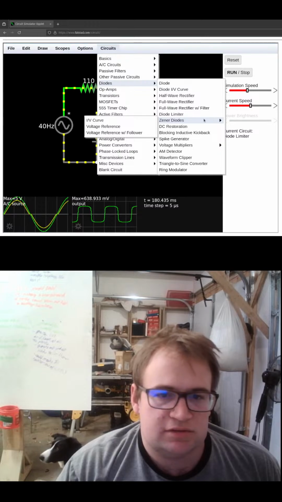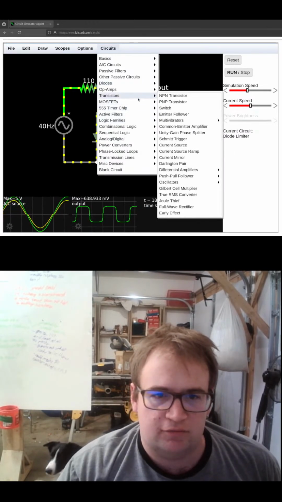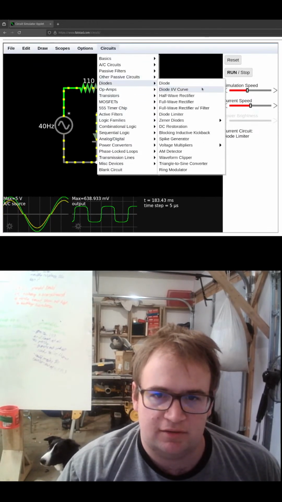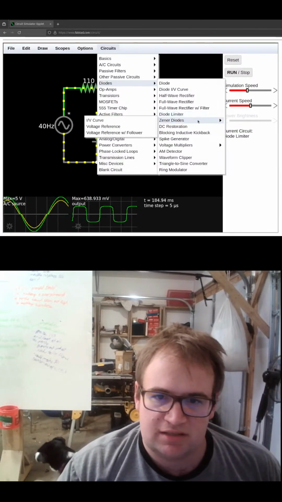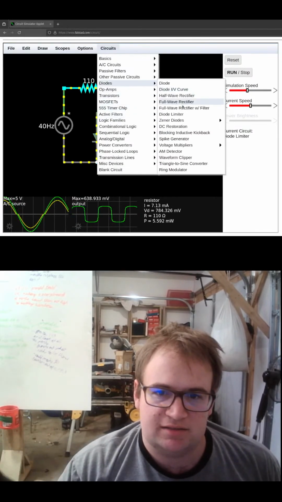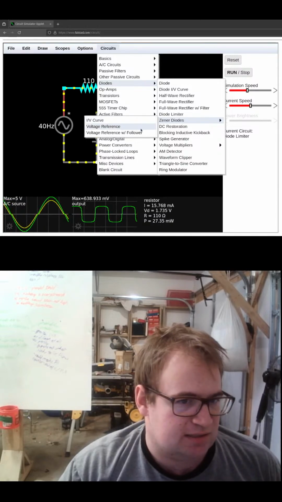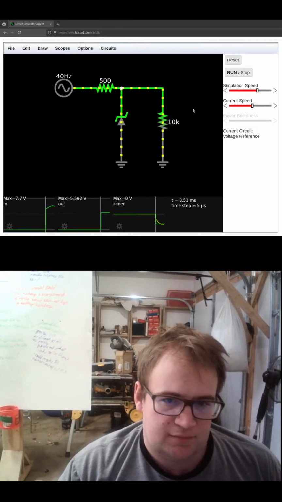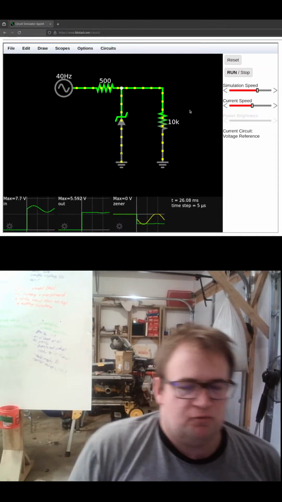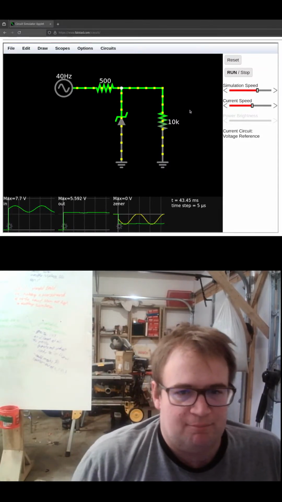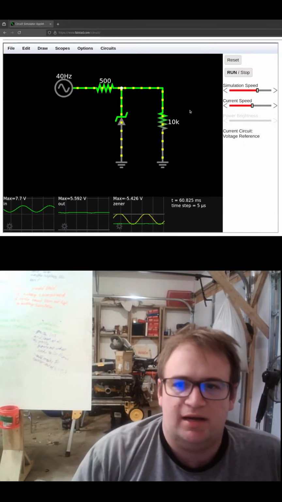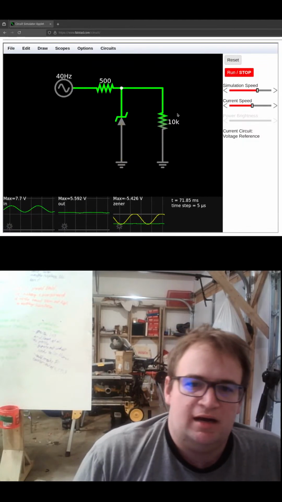Zener diodes. Let's look at the voltage reference. I just want to do some diode stuff because I should know it pretty easily. But, well, I might not, and that's why I wanted to look at it first.